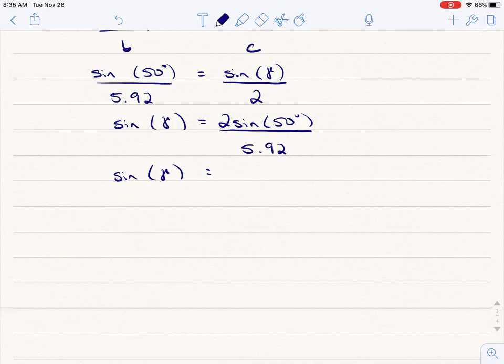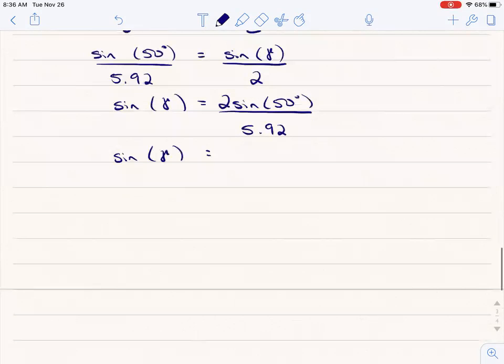And then divide that by 5.92. So we get roughly 0.2587987994. Even if it came out to a precise number, because I used the approximation for B, it would still be an approximation.